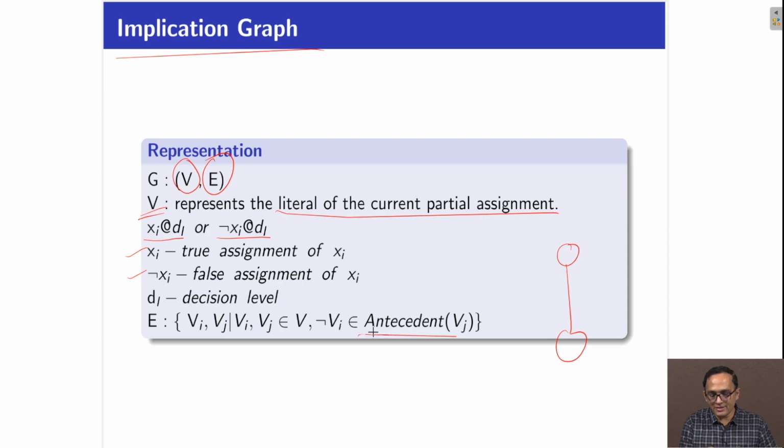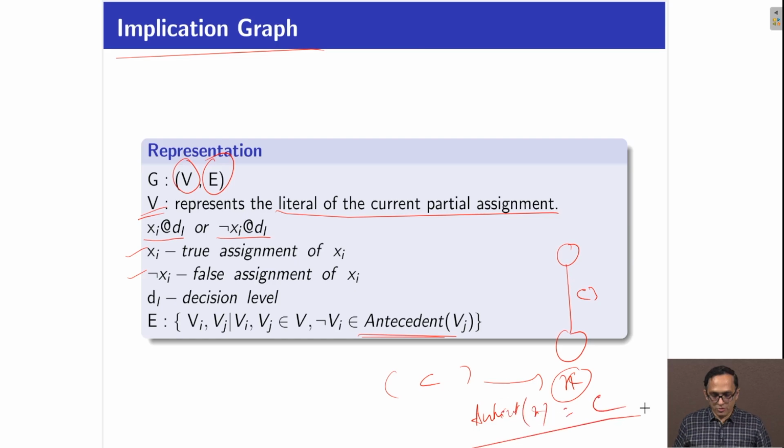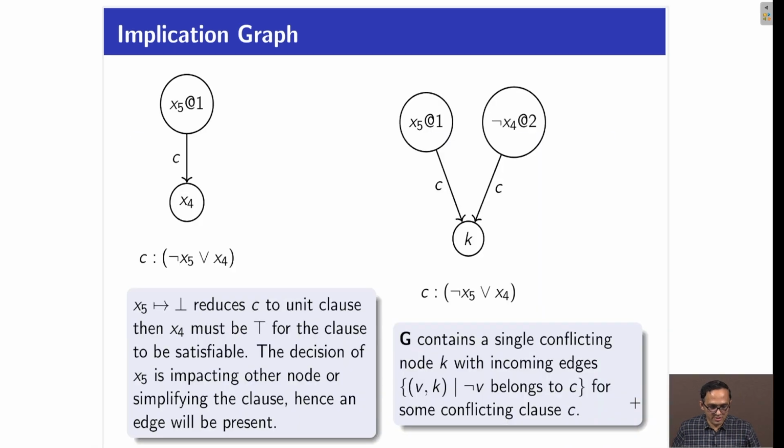Then I will write the antecedent there, the clause through which this happens. Antecedent I talked about that. If you have a bigger clause and after application of the unit clause I get a single literal x, then this is the clause, so the antecedent of x is C.